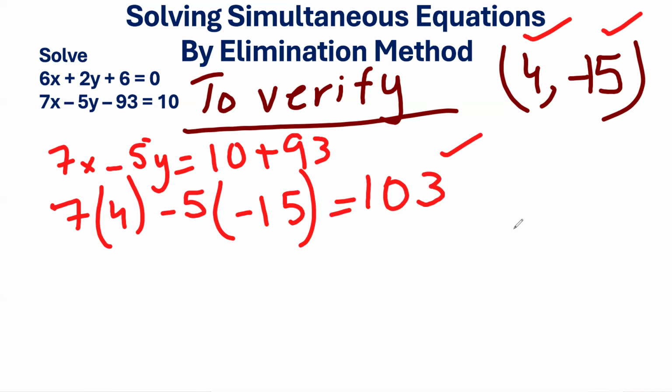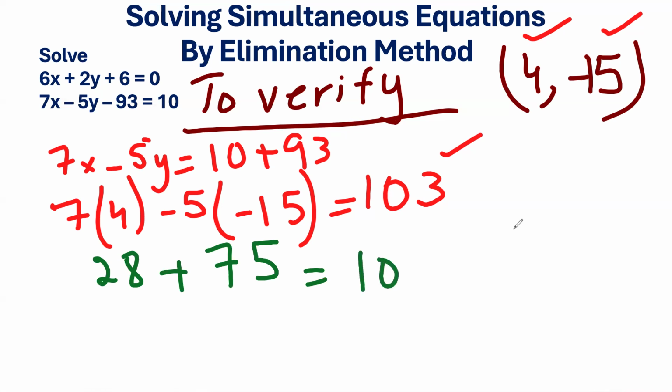So what is the next step? 7 4s are 28. Minus into minus is plus. Now you have to multiply 15 and 5. You will get 75. Now you have to add 75 and 28.